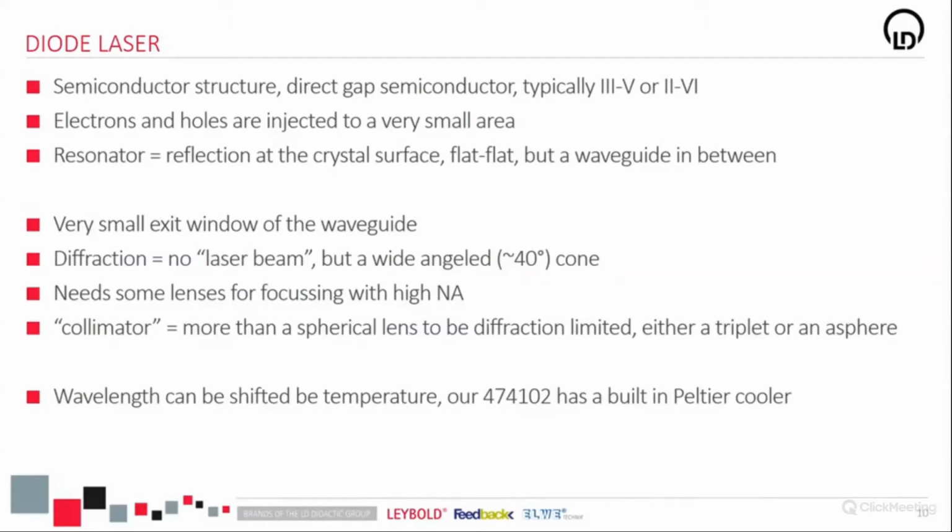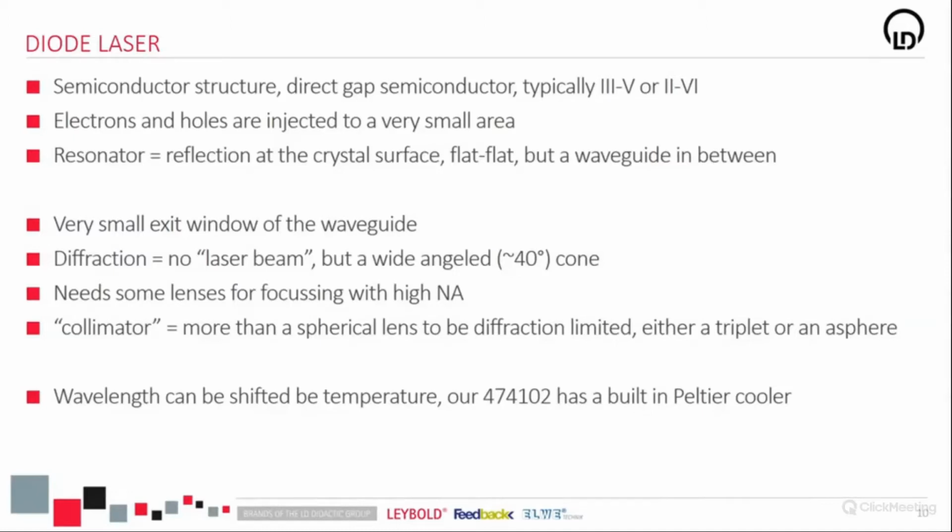It's a waveguide, but the diffraction widens up the emitted light to this 40-degree angled cone, which you saw a few seconds ago. And so to make it a real laser beam, we need something like a lens which will focus it back to a laser beam. This is called a collimator.